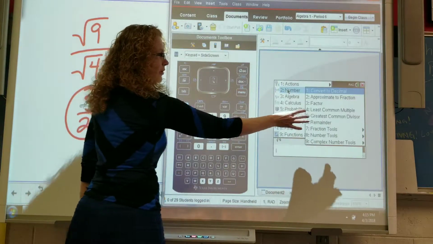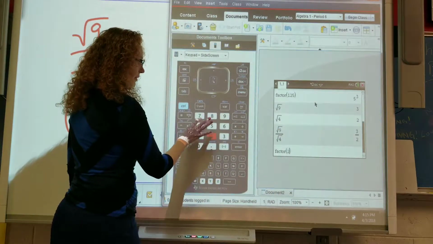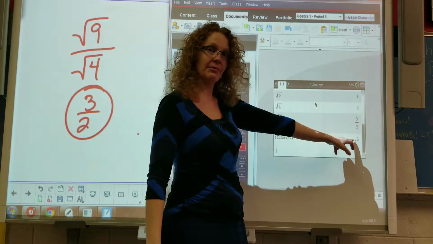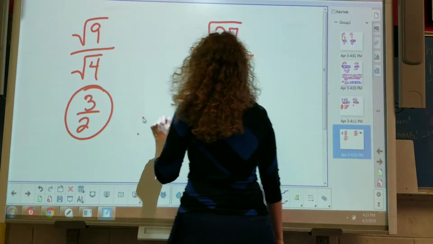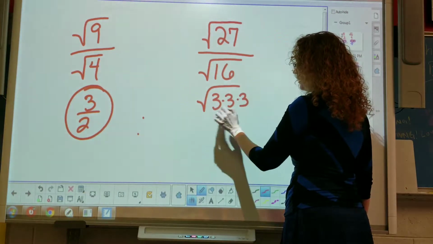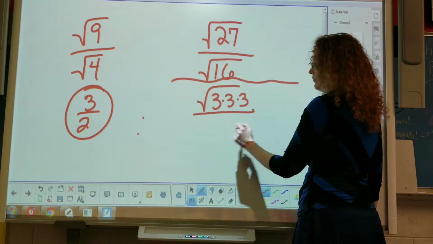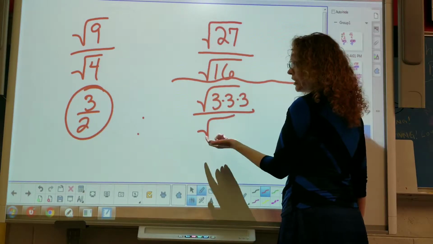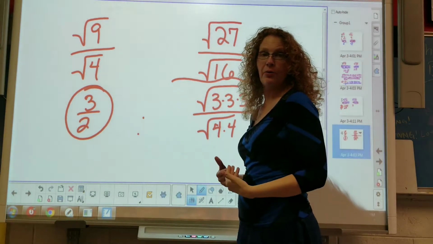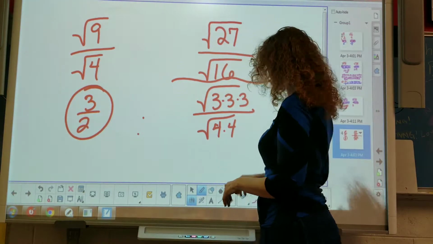Menu, number, factor. Beautiful button there, 27. I'm going to have 3 times 3 times 3. So I know that that numerator is 3 times 3 times 3. And it's divided by the square root of 16, which I know is 4 times 4. And again, you can use your factor button to pull that down as well if you need to.